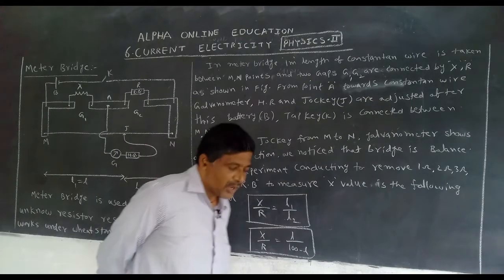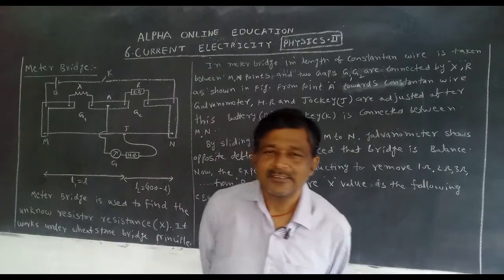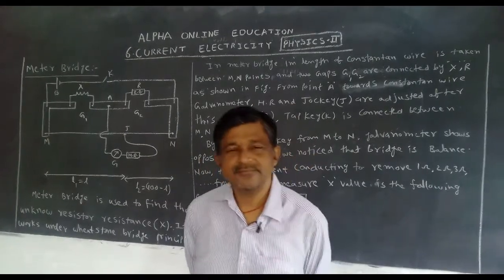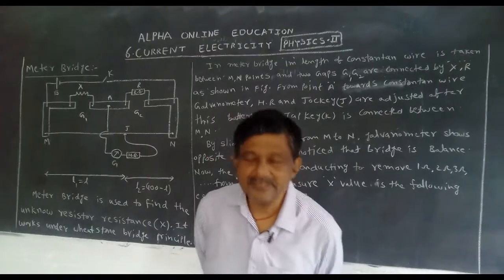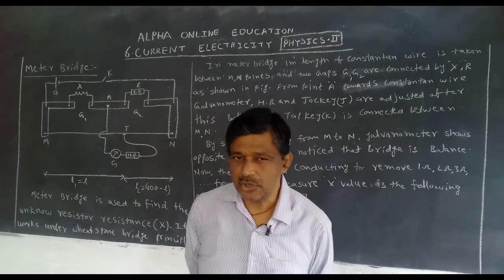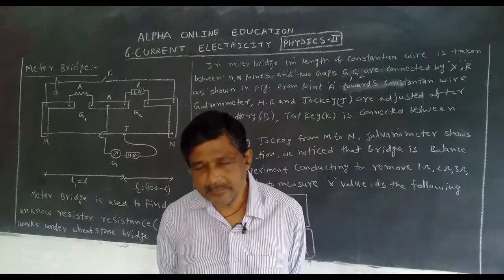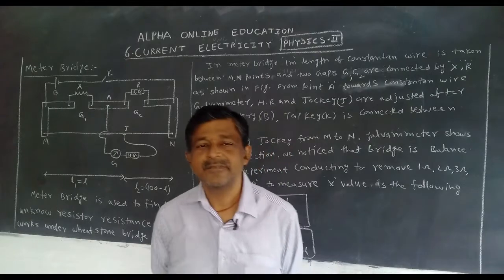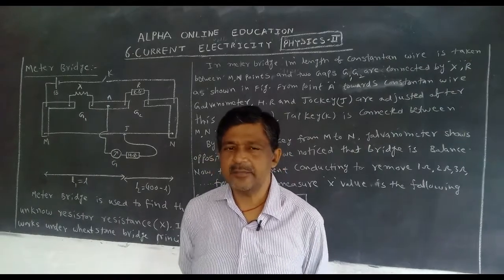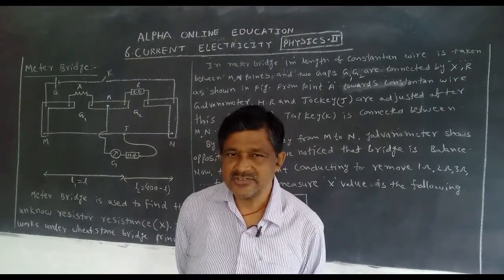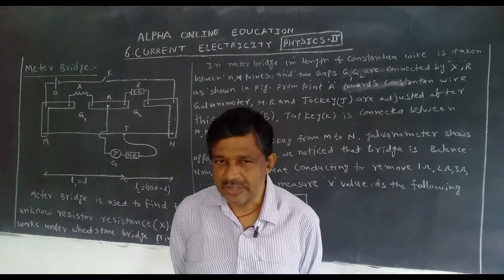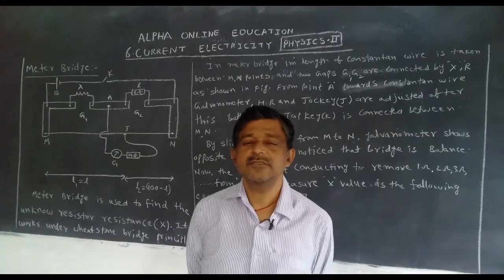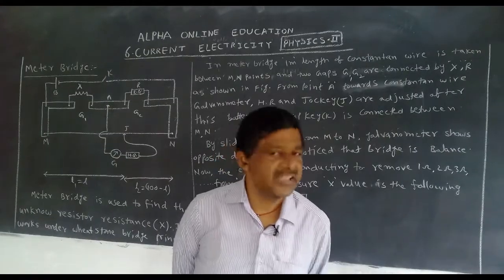What is a balancing length? At which point the galvanometer shows zero deflection when the jockey slides from M to N, that point is called the balancing point.